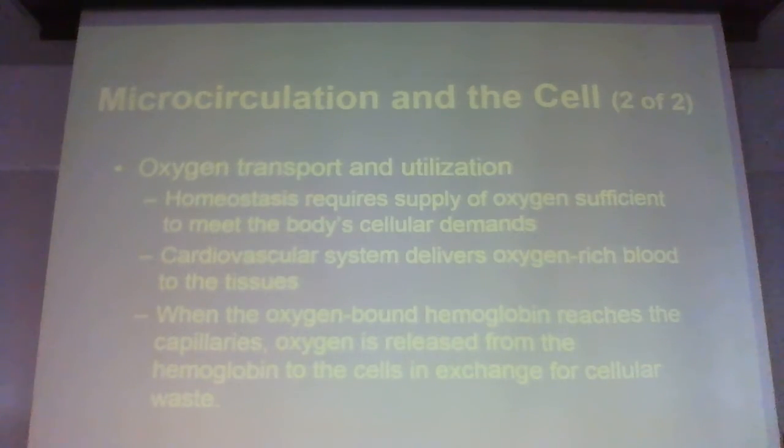Okay, so think through the oxygen hemoglobin dissociation curve. And if it shifts to the right, it allows more oxygen to get off, correct?